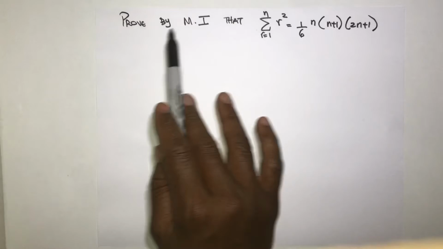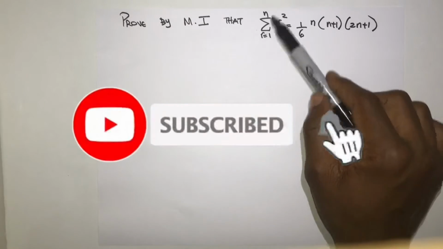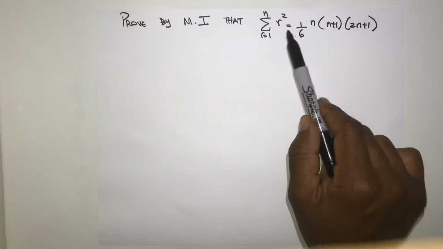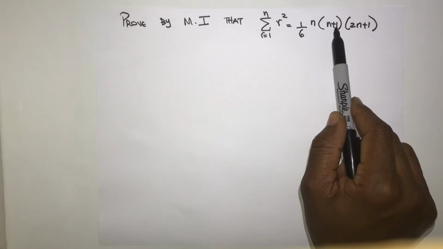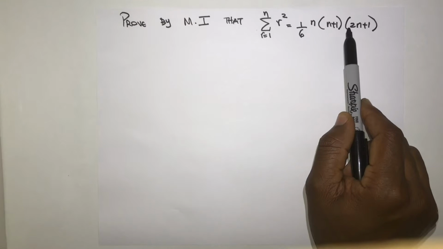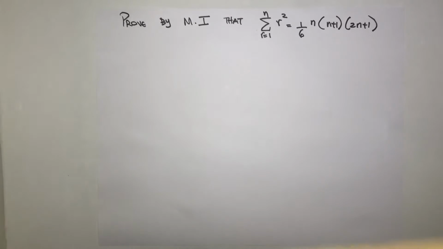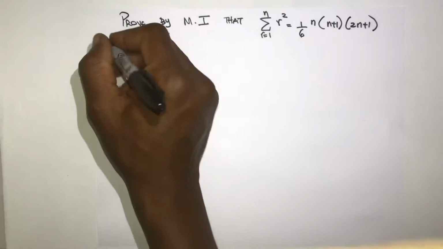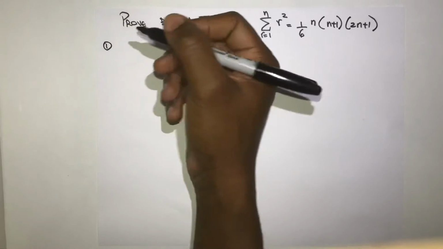Now, prove by mathematical induction that the summation from r equals 1 to n of r squared is equal to 1/6 of n times n plus 1 times 2n plus 1. Right? Now the first step, as I have indicated, is to prove true for n equals 1.